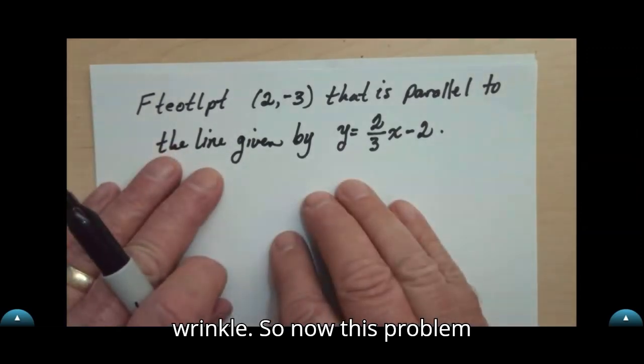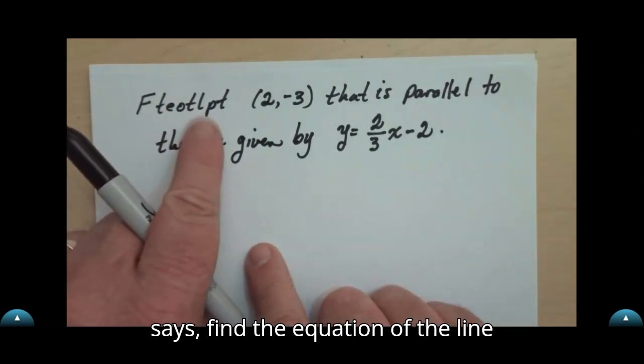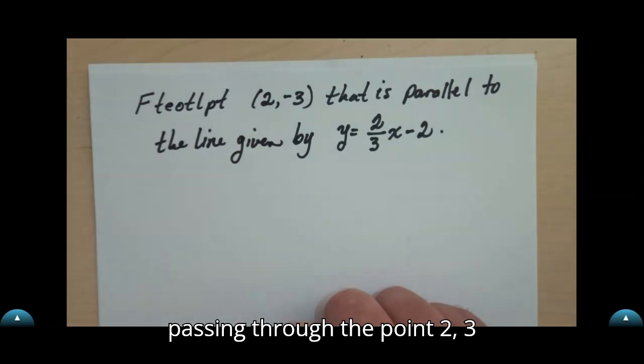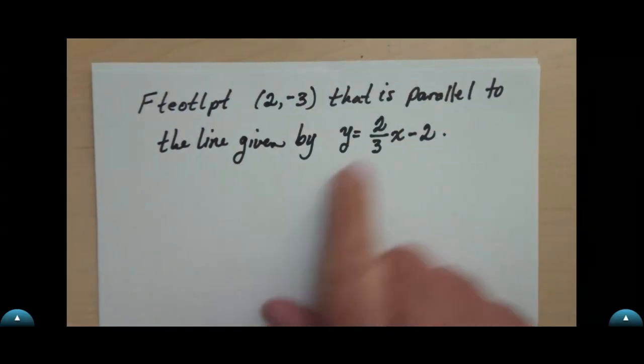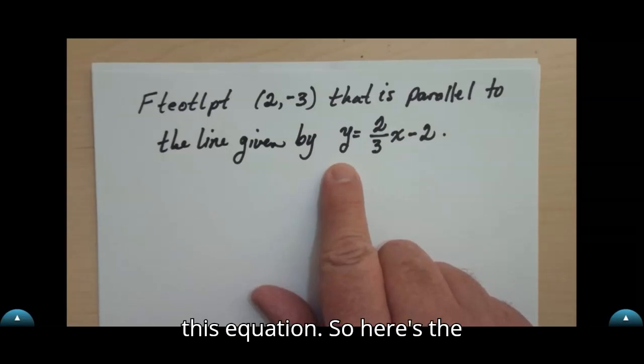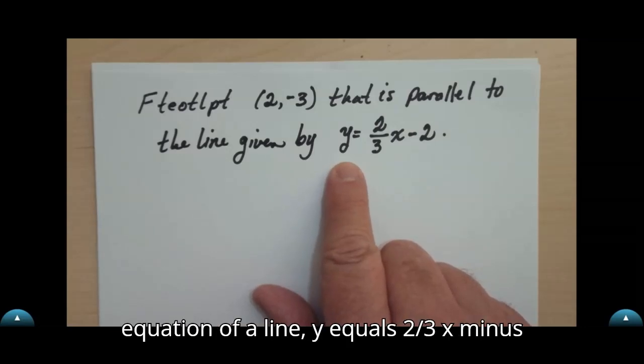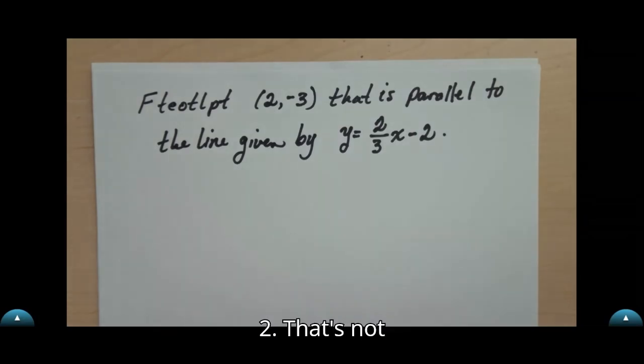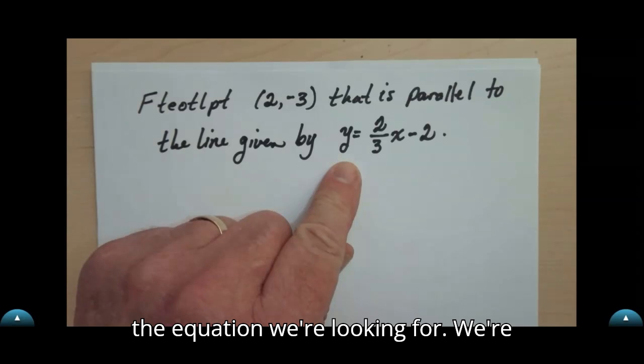So now this problem says, find the equation of the line passing through the point (2, -3) that is parallel to the line given by this equation. So here's the equation of a line, y equals 2/3 x minus 2. That's not the equation we're looking for.